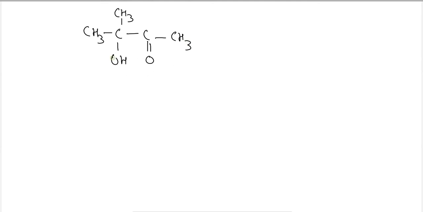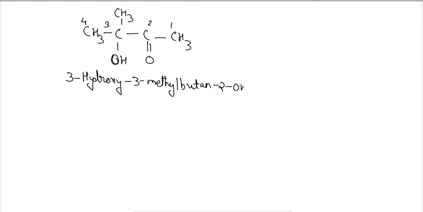Here we can name this compound like this: 1, 2, 3, 4. More preference is given to the ketone group in comparison to the alcohols and the methyl group here. So the name of this compound will become 3-hydroxy, then 3-methyl, then comes the 4 carbon chain, that is butan-2-one. Okay, butan-2-one.